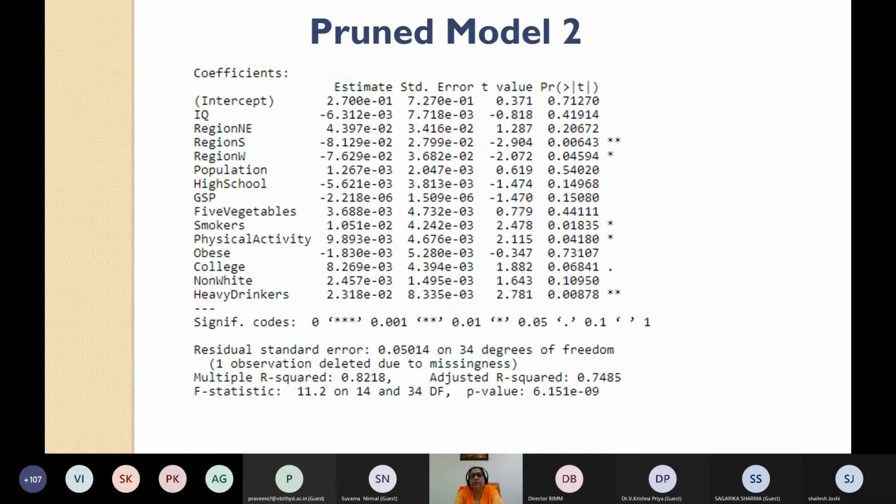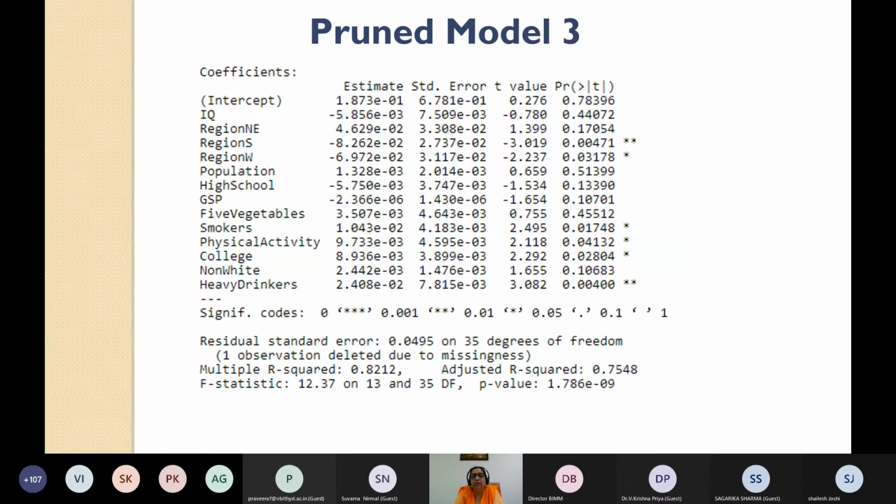The relationships have increased. The P values have become higher. Now again, the next higher value is identified, being obese. Removing this. The next is population, the highest p-value.